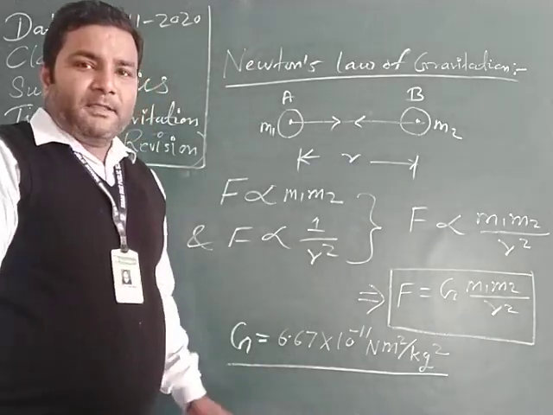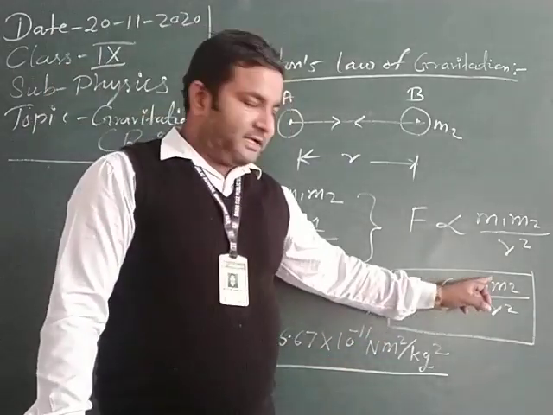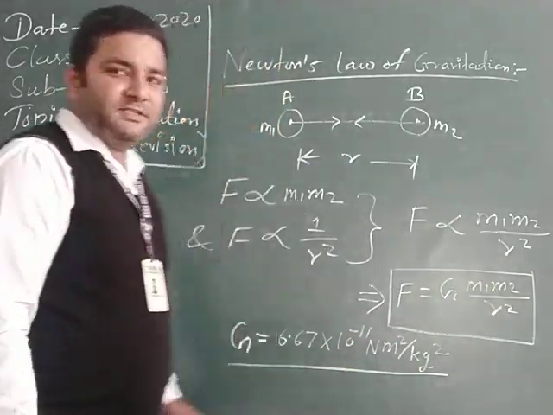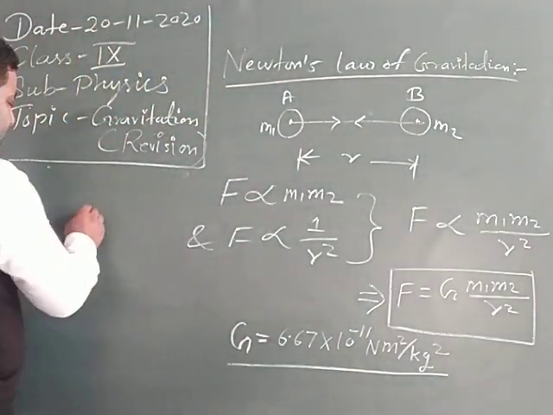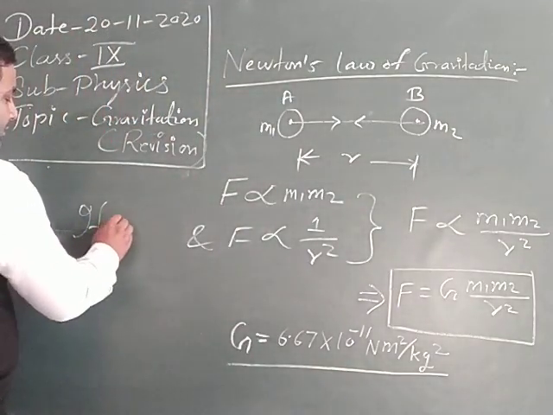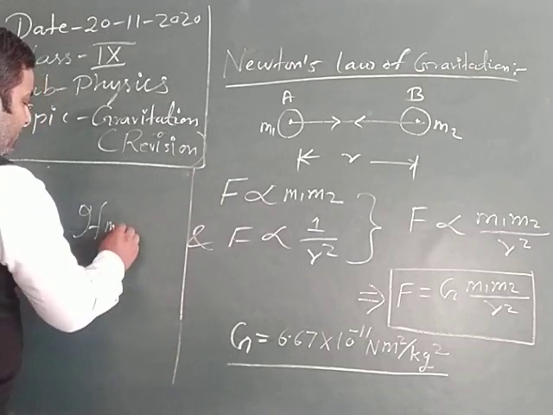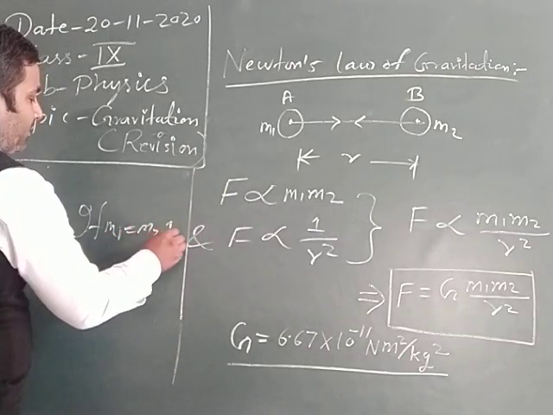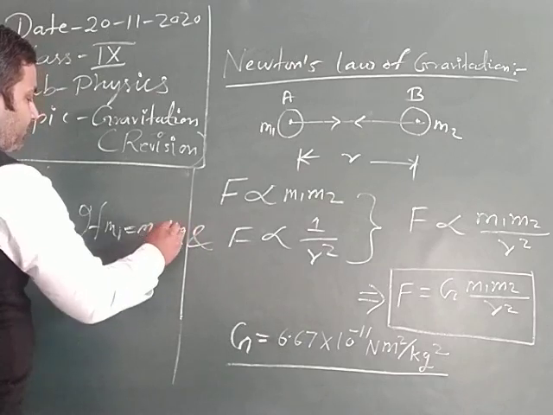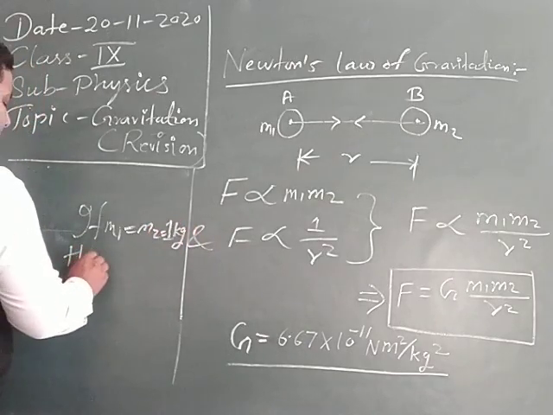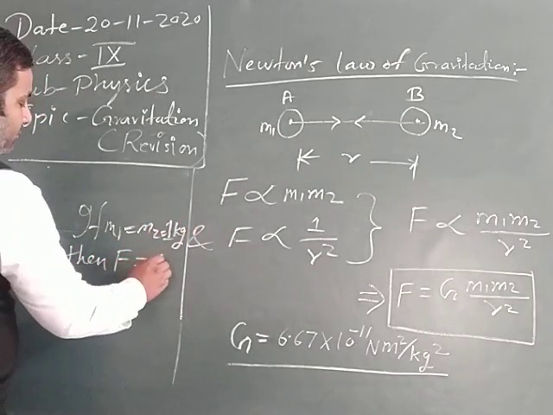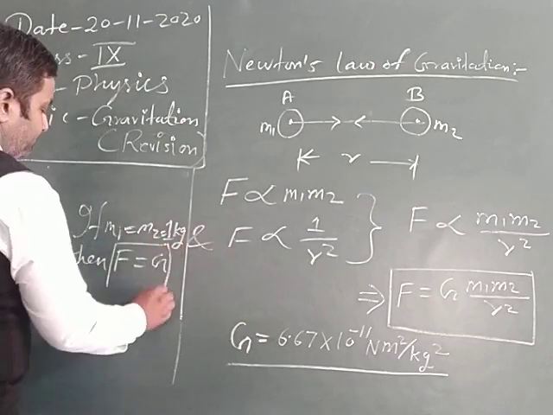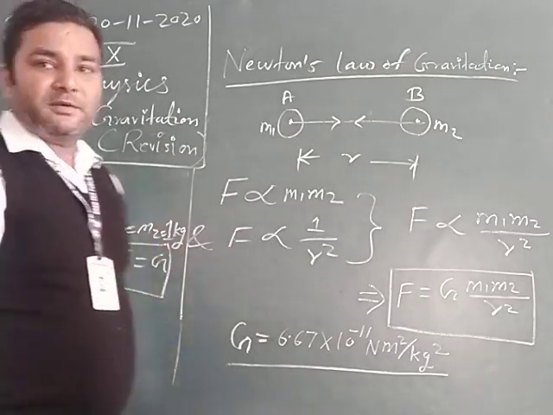And if m1 is equal to m2 is equal to 1 kg, then F is equal to capital G.